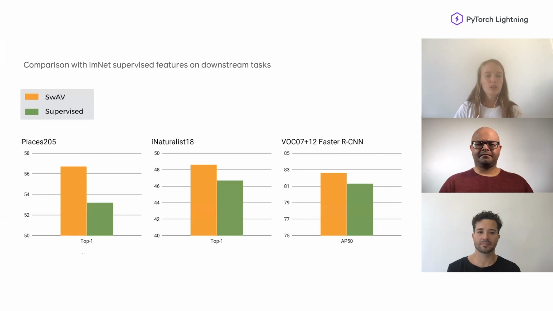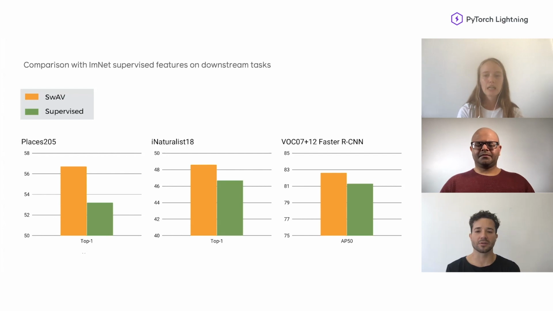So here we compare the SwAV unsupervised features with the standard ImageNet labeled pre-trained backbone on different downstream tasks. On the left, we look at scene classification on Places205. In the middle, it's fine-grained classification on iNaturalist. And on the right, it's object detection with Faster R-CNN on Pascal VOC.